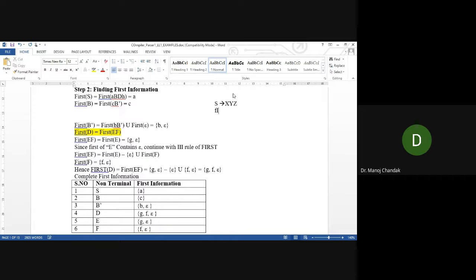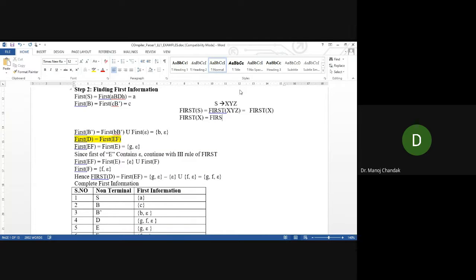You will compute first of S, which is equal to first of XYZ. Since you are computing first of XYZ, it will be equal to first of X. If this first of X contains epsilon, you apply the rule: first of X minus epsilon, I'll just copy this epsilon and put it here, union first of YZ.